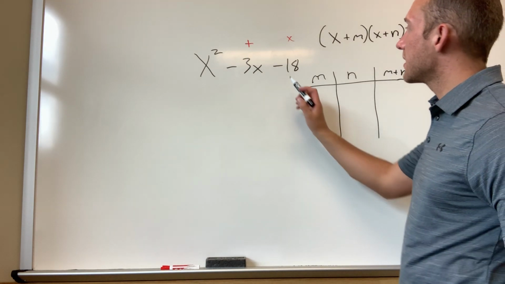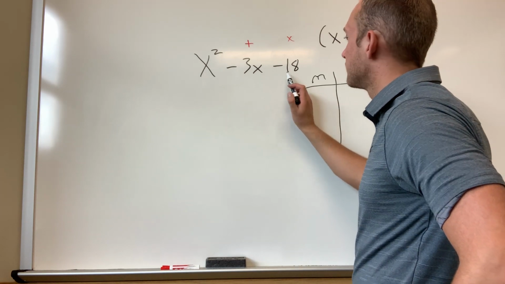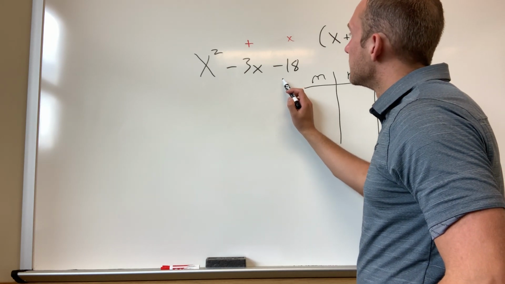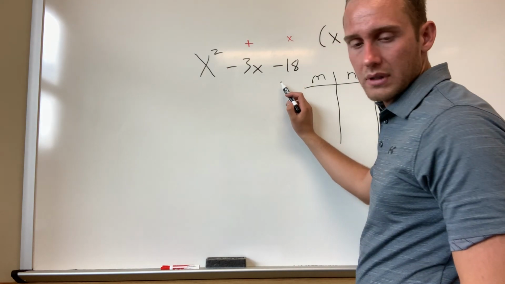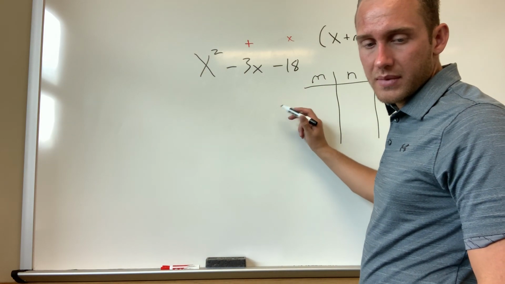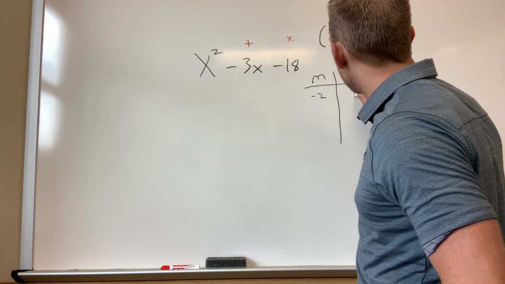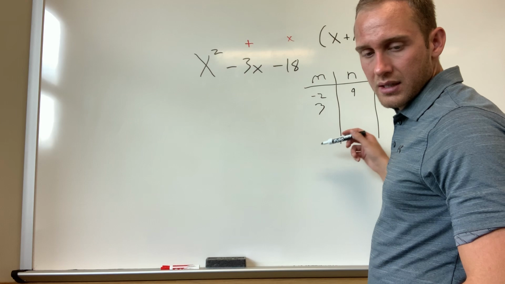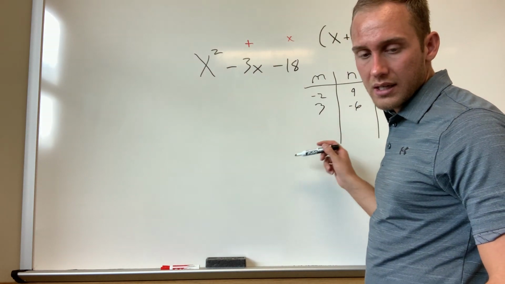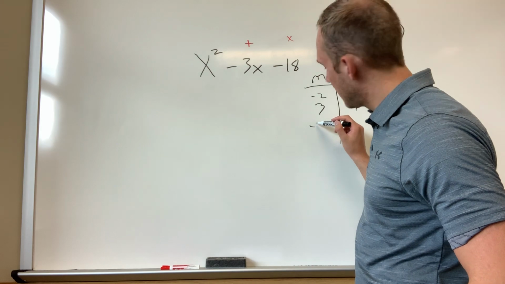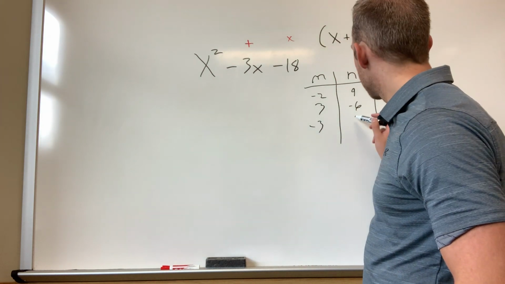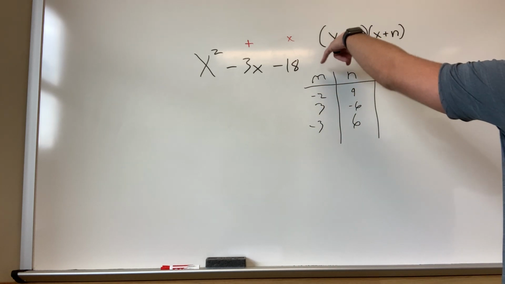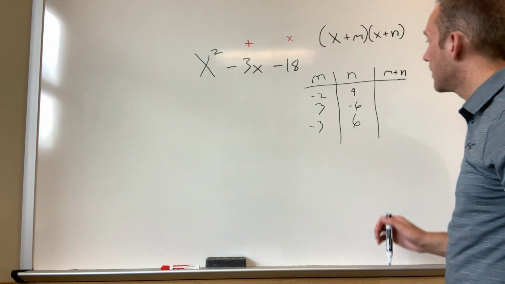So we can instantly think of a lot of things that times into negative 18. So let's go through them real quick. Negative 2 and 9. 3 and negative 6, and negative 3 and 6. Okay, so we know that one of m or n has to be negative.